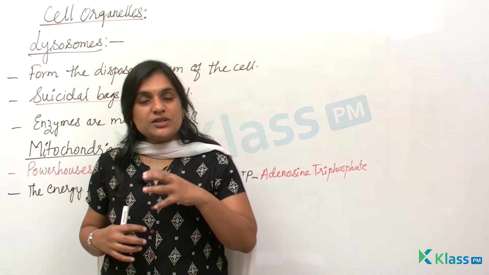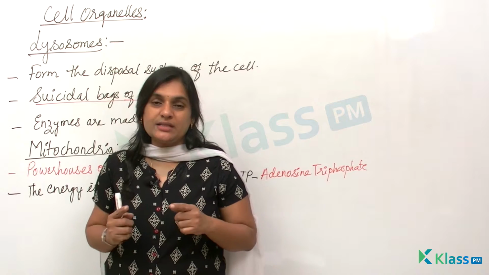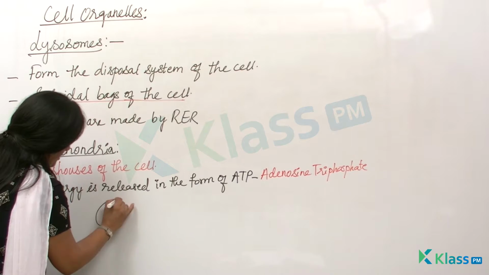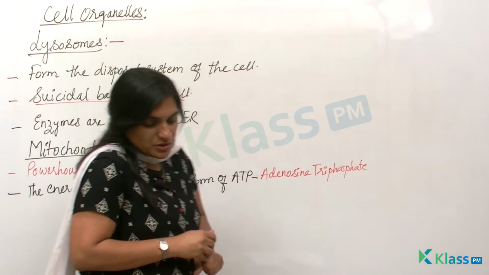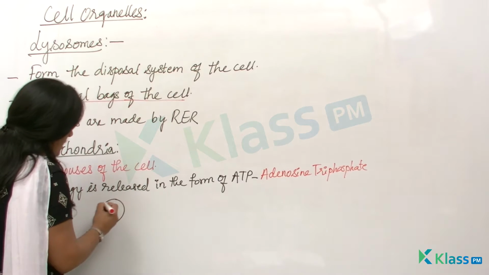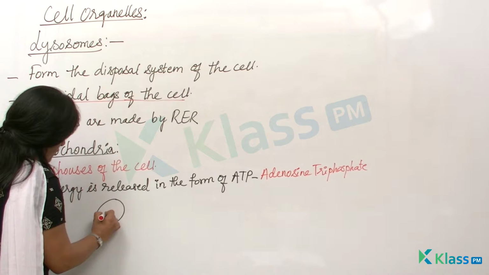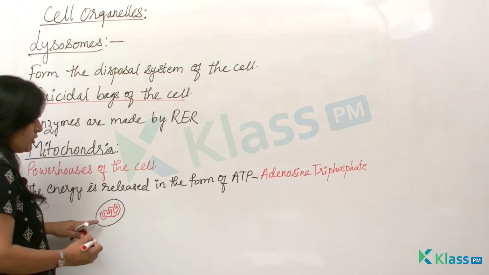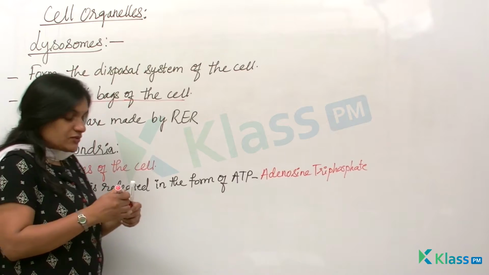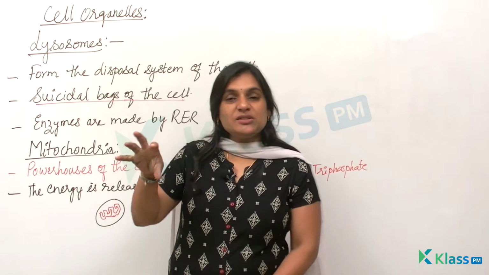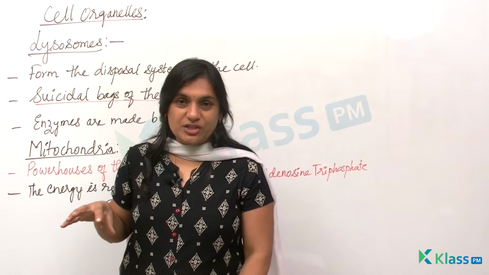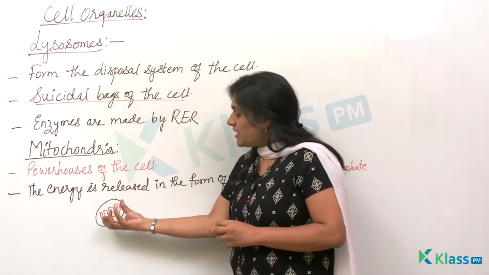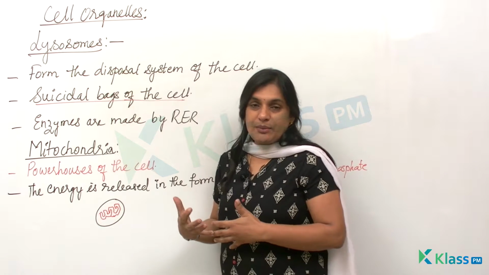The surface of this mitochondria has two layers, inner membrane and outer membrane. This is the outer membrane, and the inner membrane is thrown into folds like this, so that these folds provide a larger surface area for ATP generating chemical reactions, that is energy currency reactions.